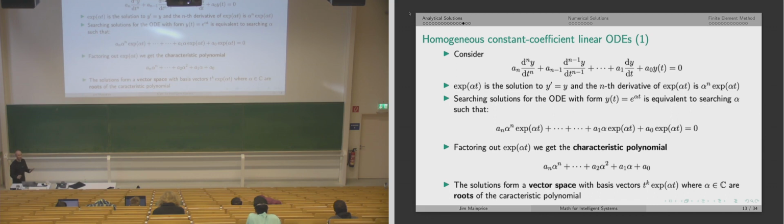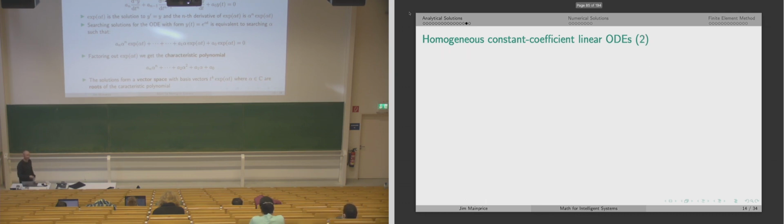Okay, so that's the basic layout for finding analytical solutions to these homogeneous constant coefficient linear ODEs, which arise a lot. And as I said, this kind of PD control is a classic case of these kinds of equations.